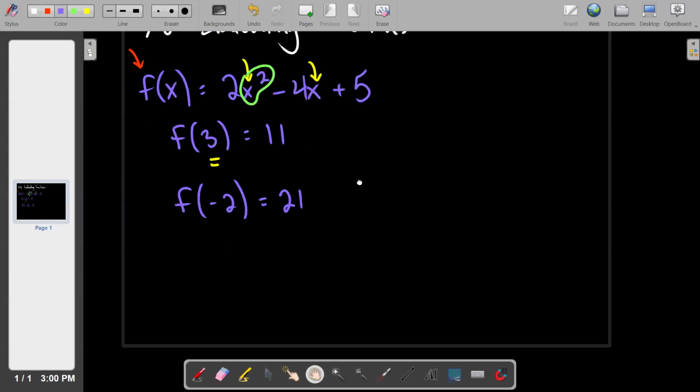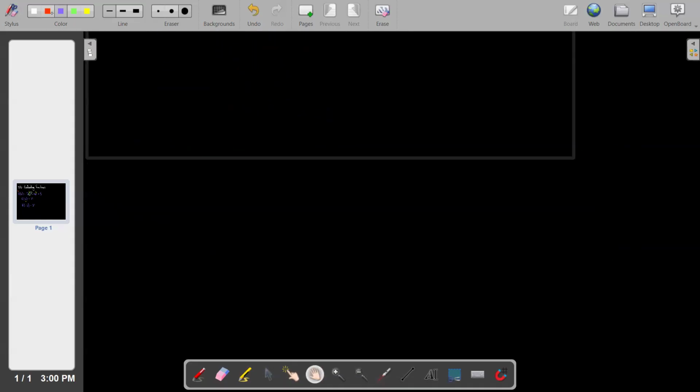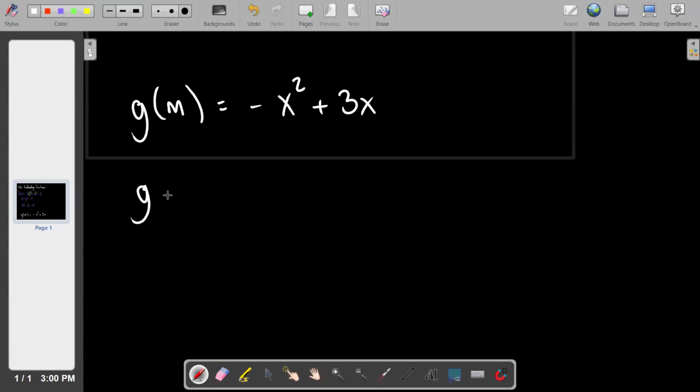The only other one before we get into the actual lesson is I know that in the past we've had trouble with functions like this. What's this function's name? His name is G, and he processes M's, right? So he's a function with input slots, and I should not have put G of M and then put X's.